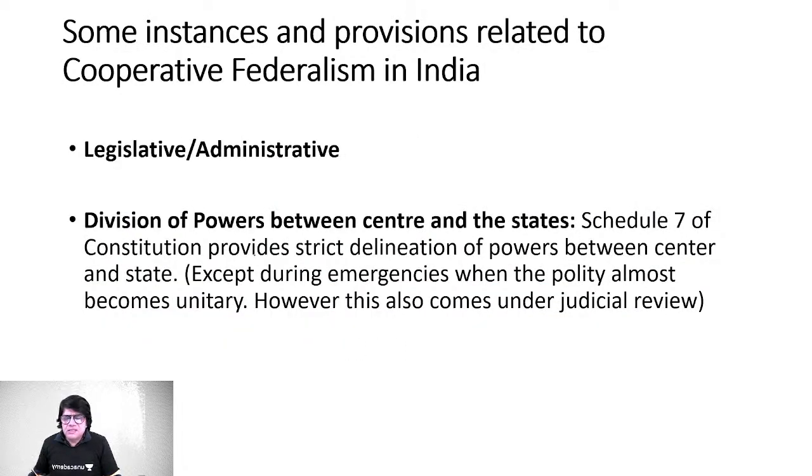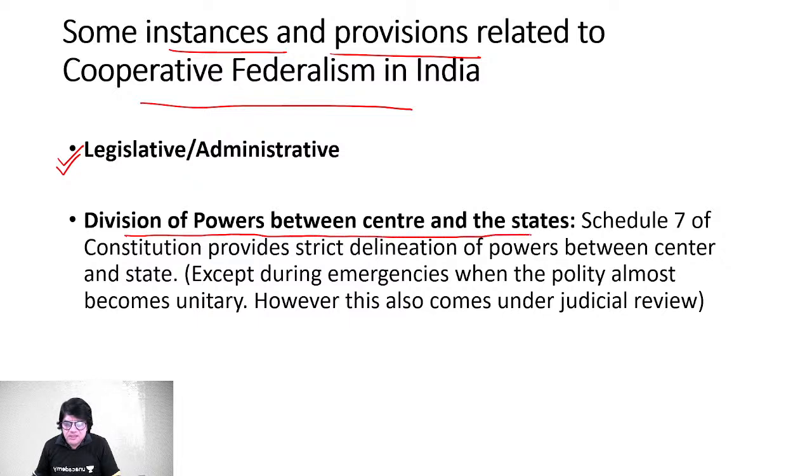Now, there are several instances and several provisions which are related to cooperative federalism. Some of them I'm highlighting here. For example, the division of powers between the center and the states. I already mentioned that the Constitution provides for this division under Schedule 7, and it provides a strict delineation of powers between the center and the states, except during emergencies when the polity almost becomes unitary.